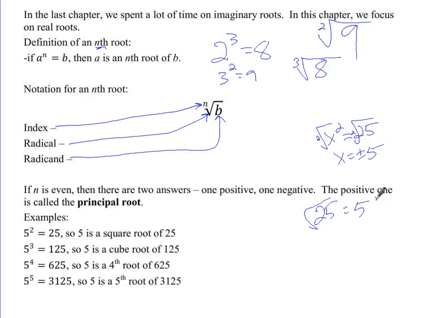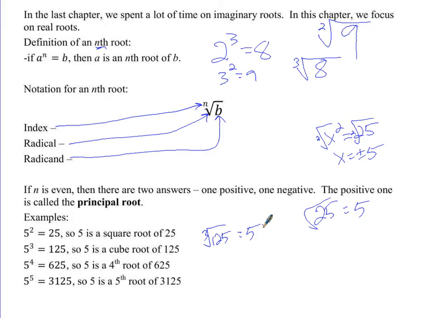So, for example, 5 squared is 25, so 5 is a square root of 25. We already knew that. But 5 to the third is 125, 5 times 5 times 5. So 5 then is a cube root, or a third root, of 125. I could write the cube root of 125 equals 5.